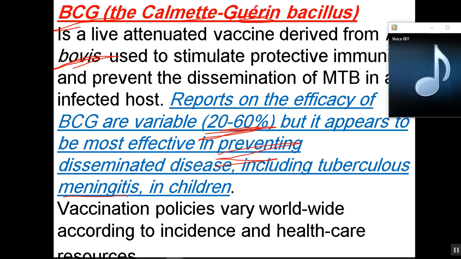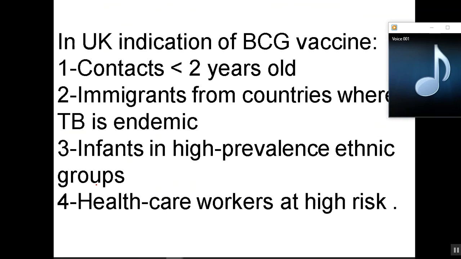Over time the vaccine's effectiveness regresses, but its main function is preventing severe disease, so that even if the disease occurs it is not severe meningitis. Vaccination policies differ from one country to another. In the UK it is indicated only for contacts, immigrants, infants in high-risk ethnic groups, or healthcare workers like us.